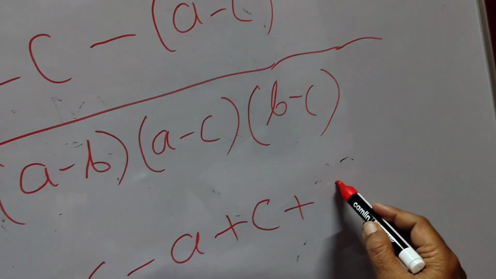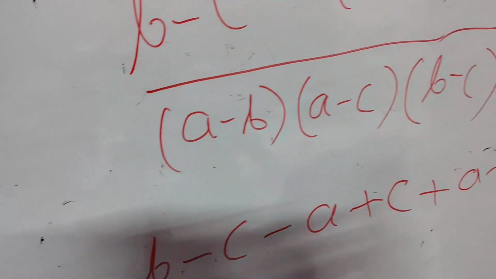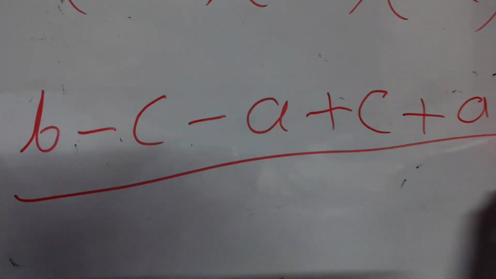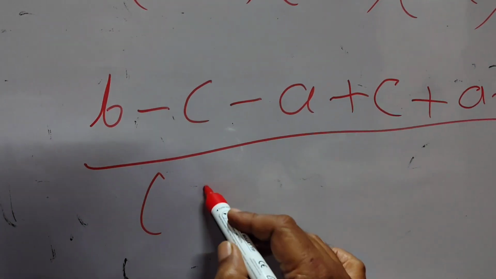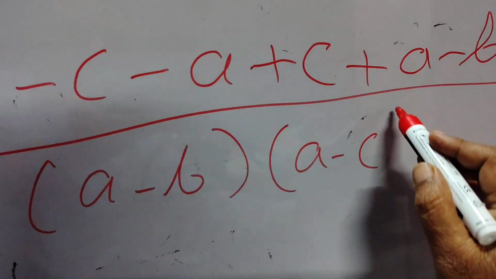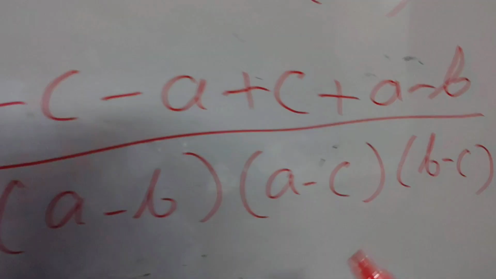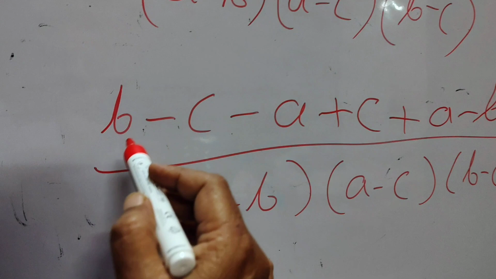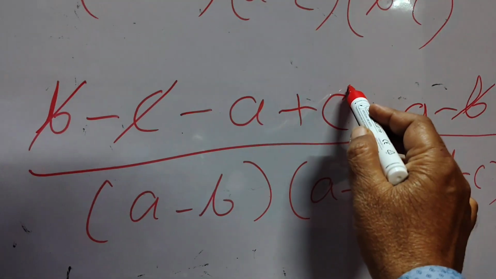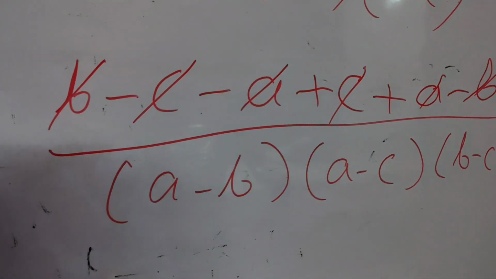Here it is a minus b. And downside it is simply a minus b, a minus c, and b minus c as usual. Here it is very clear, we can cancel out b and minus b, minus c and plus c, and a and minus a.